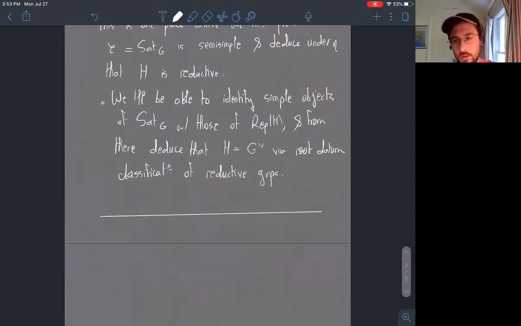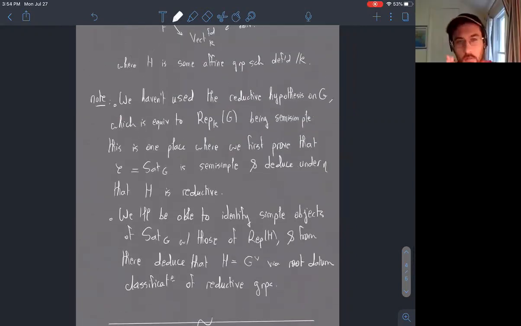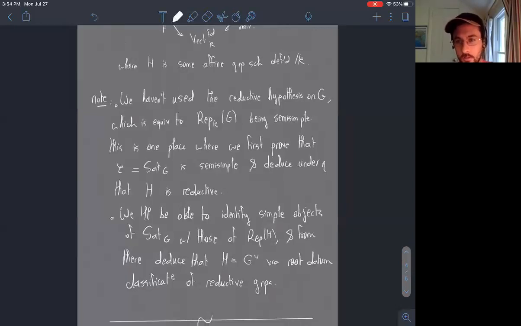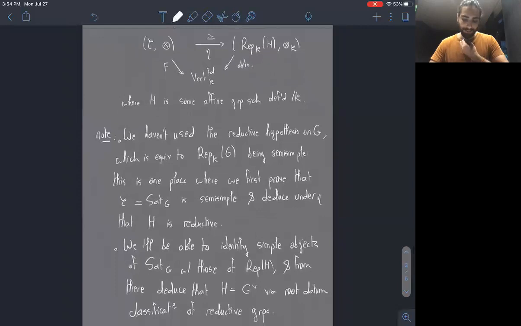Hey, Saad, I have a question. Yeah, go ahead. So from this Tannakian reconstruction theorem by Deligne, does that give us some information about the root datum of H, whatever H is? Is that how we get this last step? So the theorem itself doesn't.